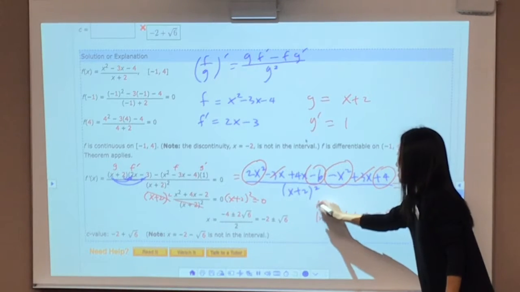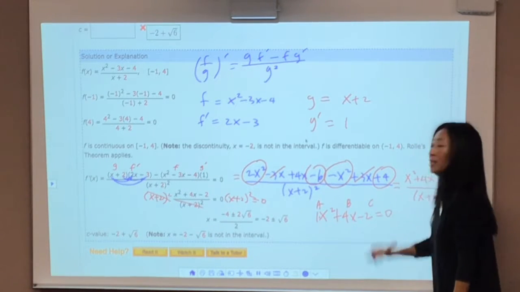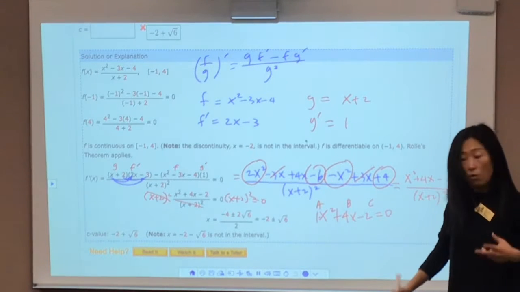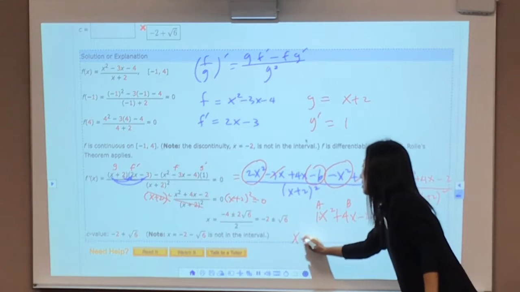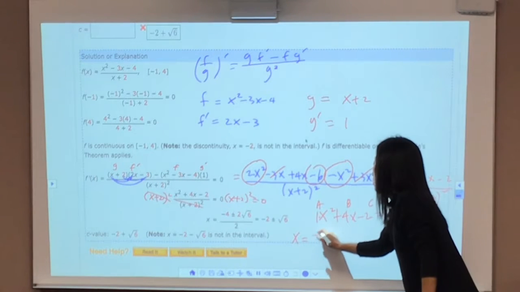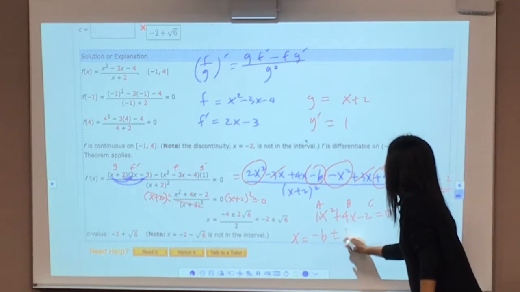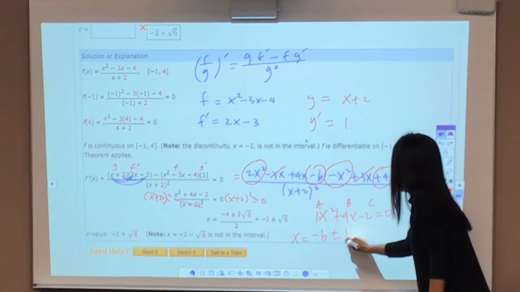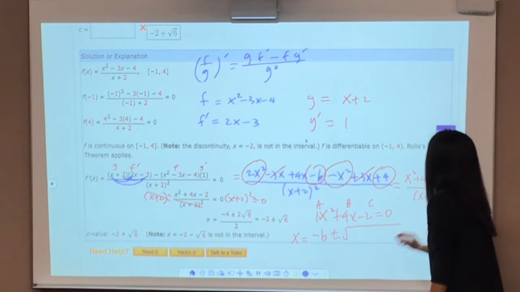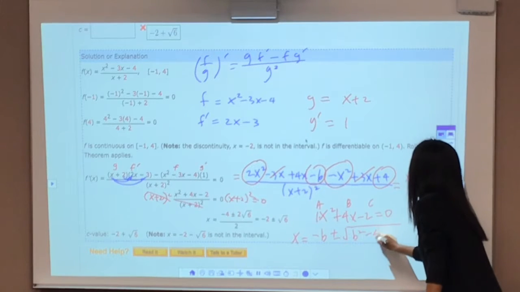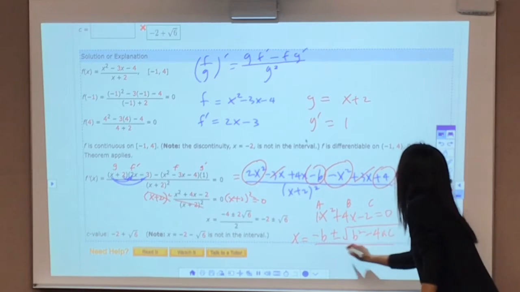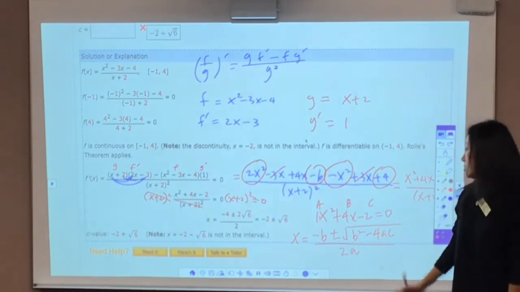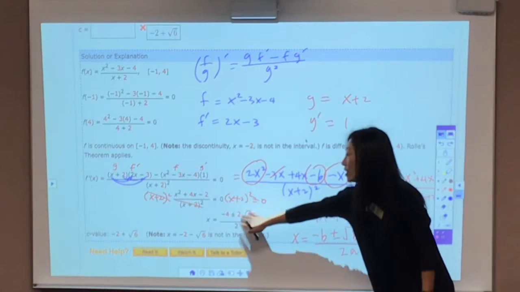This is your a, that's your b, and c. You can plug into your quadratic formula if you have it in your calculator, or if you don't have one, then x is equal to negative b plus or minus the square root of b squared minus 4ac, everything divided by 2a. When we do that, this is what you get over here.